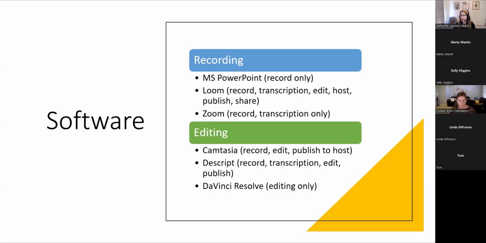And then the last one, which is free, is called DaVinci Resolve. This only does editing, but if you need a high quality video editing tool that has all the bells and whistles you could ever want, DaVinci Resolve is the one that everyone in Hollywood uses, but oddly there's a free version of it.